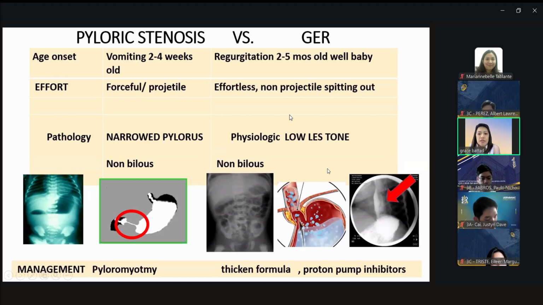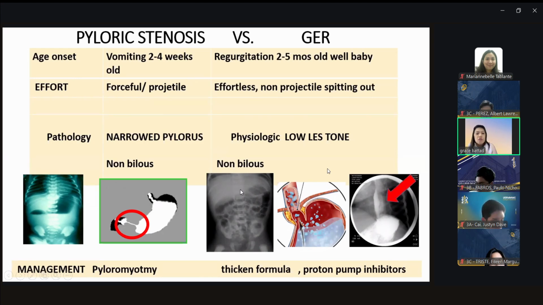And in GER, you will have a low LES tone. If you differentiate both based on your plain abdominal X-ray, here you have your double bubble. For GER, you have a normal plain abdominal X-ray, with normal distribution of gas patterns. This is your very small stomach bubble compared to that, because at the end, the air went through all of this up to the lower segments.